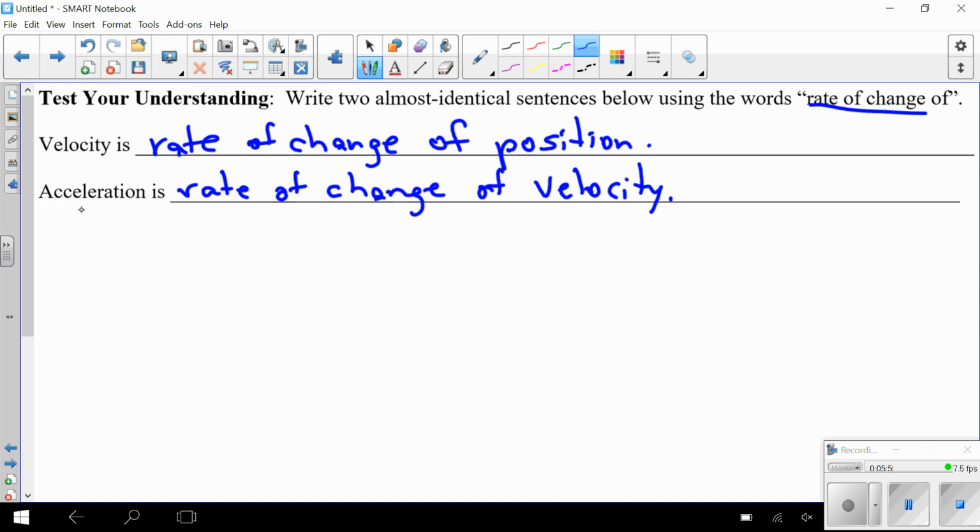So in other words, acceleration is the rate of change of velocity, which is the rate of change of position. So it's the rate of change of the rate of change of position. That's kind of interesting.